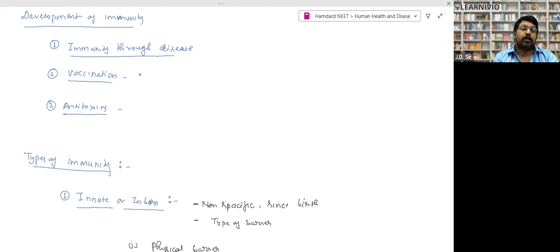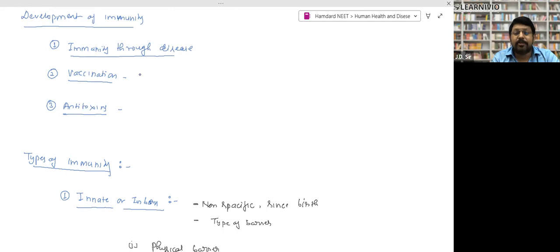What is that? First thing, suppose the first time I got infected with any disease, right? When the disease comes the first time, it will make me sick, right? And when the disease pathogen infects, my WBC will develop antibody against it, right?